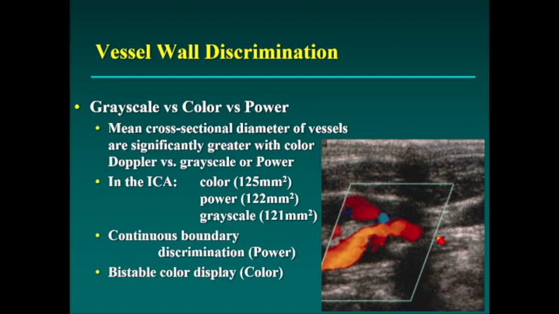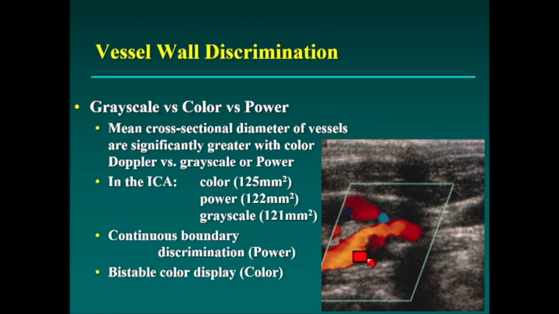The reason for that is that power Doppler, which measures the intensity of the returning signal, is what's known as a continuous boundary discriminator. The intensity of the representation decreases as you approach the boundary. Color, however, is what is known as bistable. And what's happening here is, representationally, it's the mean velocity within that pixel that's represented.